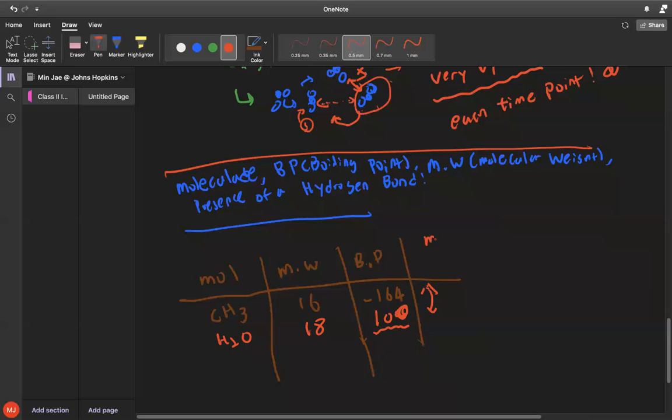Now, why is this the case? The boiling point is proportional to your molecular weight. But we noticed that the molecular weight of CH4 and H2O are pretty similar. The reason for such a big discrepancy in the boiling point is the presence of a hydrogen bond that is specific to water.